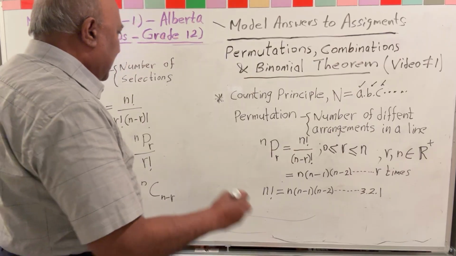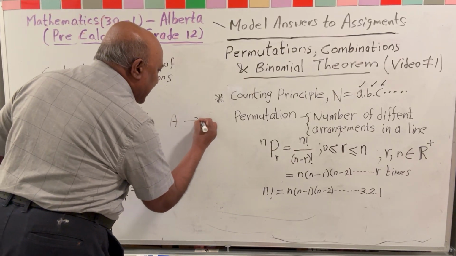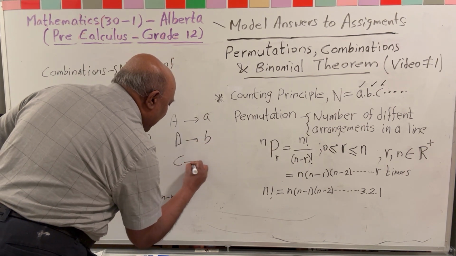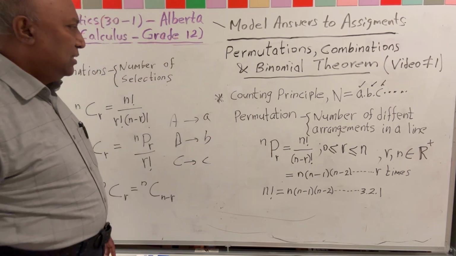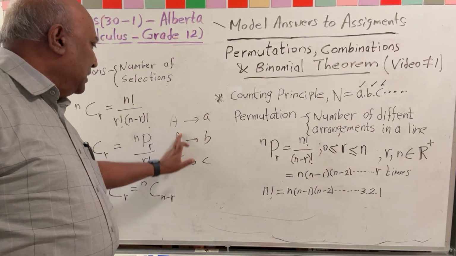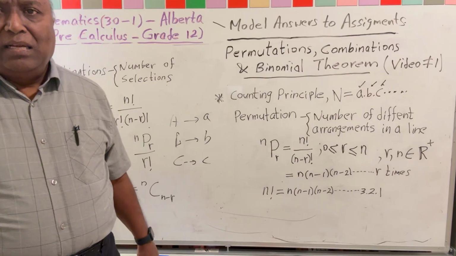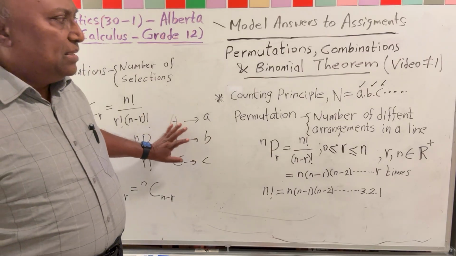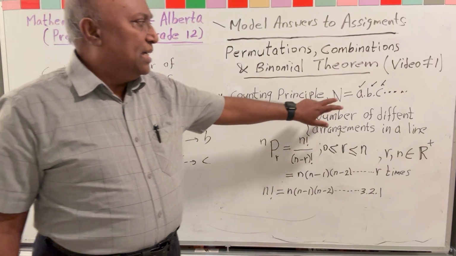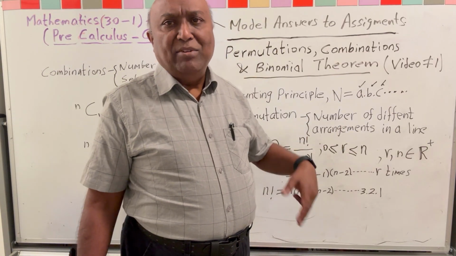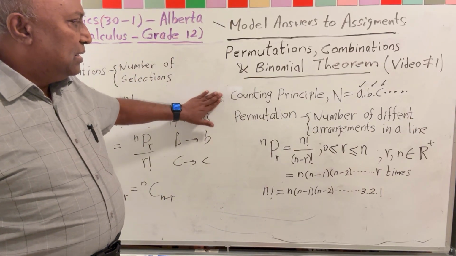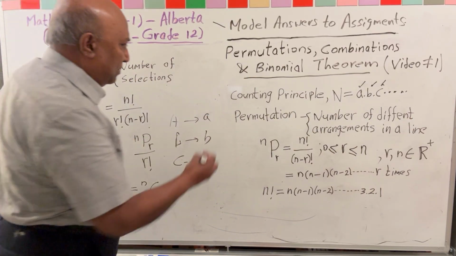For example, event A is happening A times, event B is happening B times, event C is happening C times, then the number of times all these events occur together is the product of these numbers. We will explain the application of this when we discuss our questions with the question paper. That is called the fundamental counting principle.